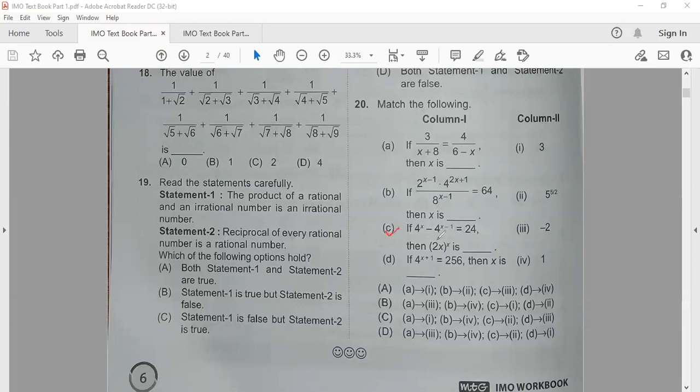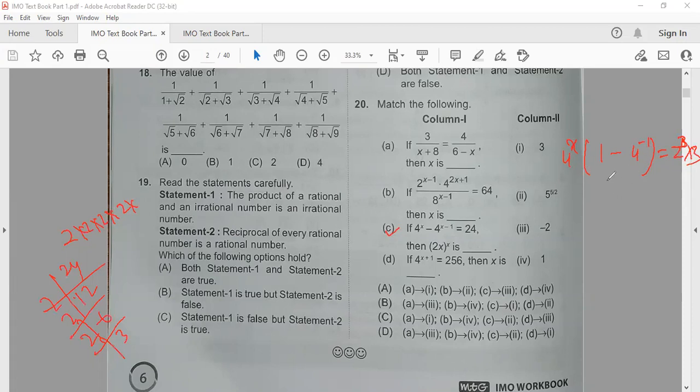Solve this one. Take 4 to the power x common, then 1 minus what remains? That is 4 to the power x minus 1, equals 2 to the power 3 into 3.